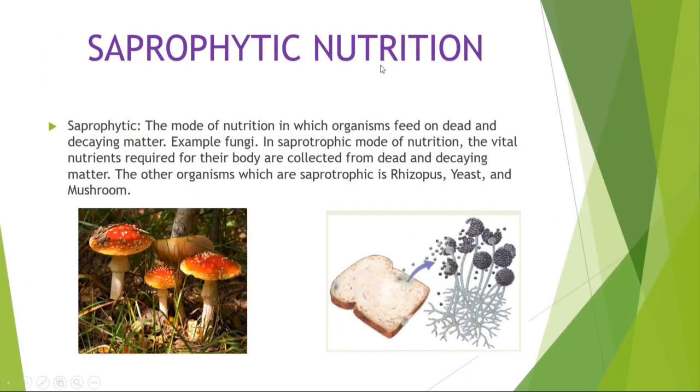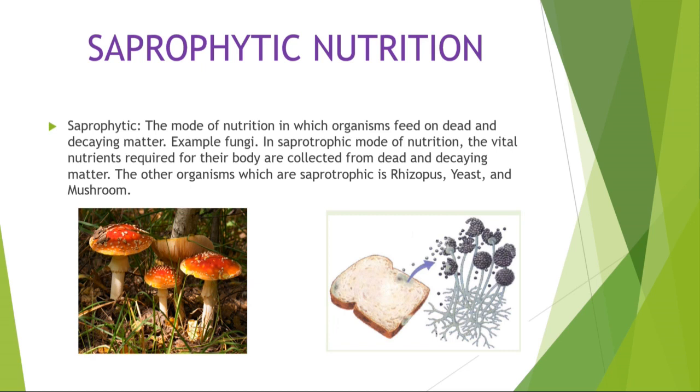So this is saprophytic nutrition. Saprophytic organisms rely on decayed organisms. These saprotrophs grow and extract the nutrients from those organisms.